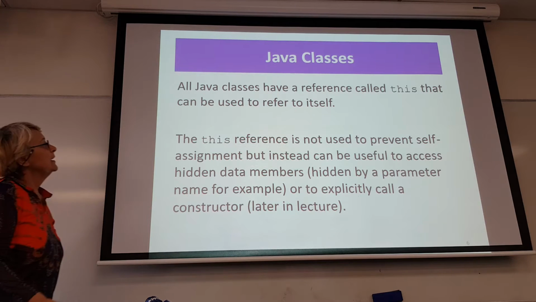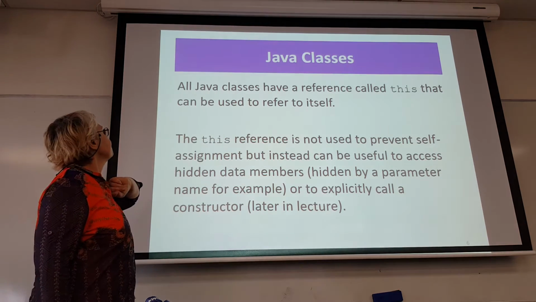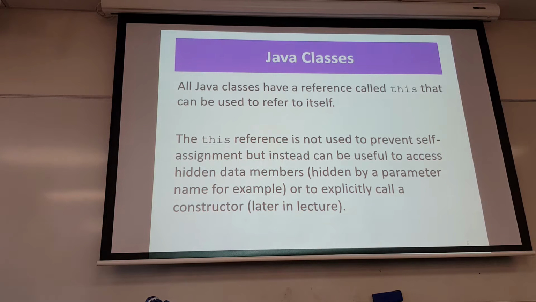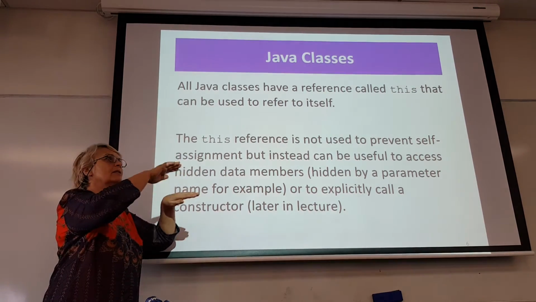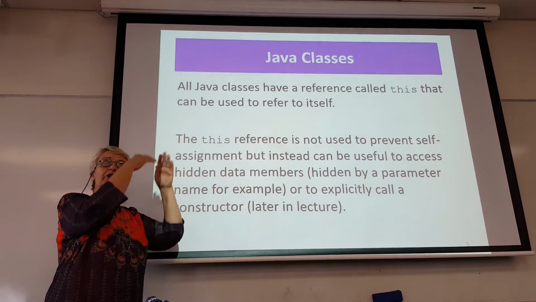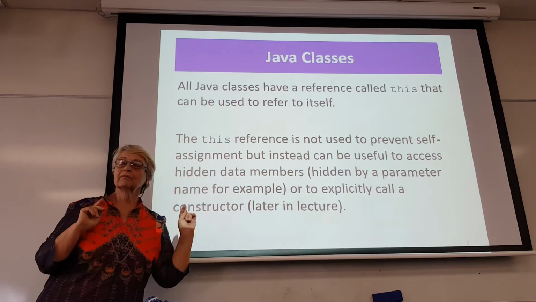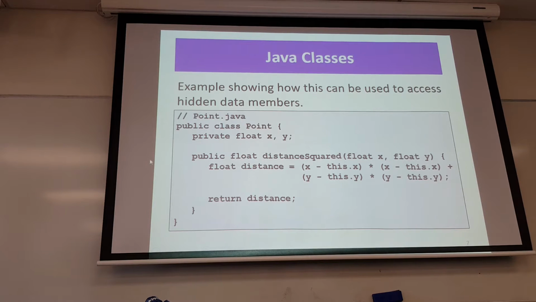Every class comes with a reference this, and it is used for disambiguation, either to access data members which are hidden because their names are used in a different context, or, as you will see, like in a constructor. But this is something very specific to Java.